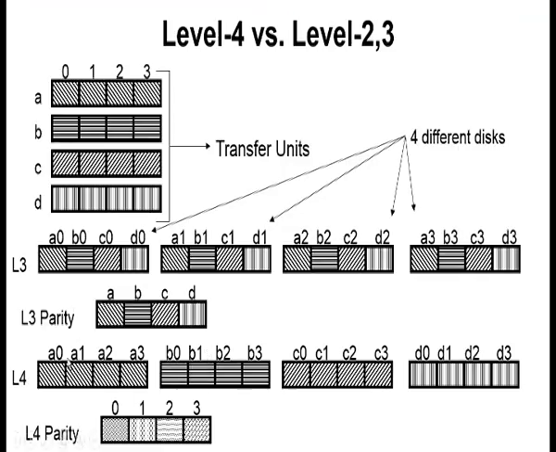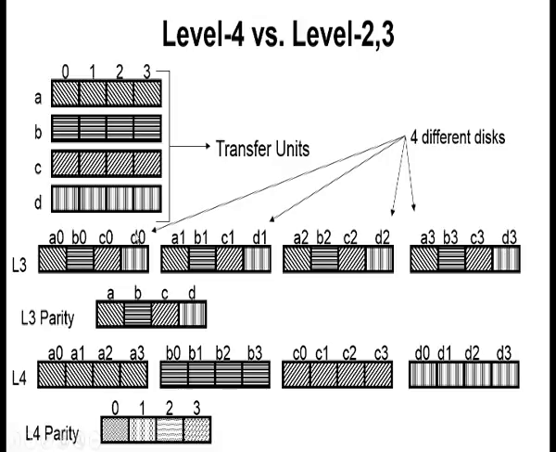So, here we can see the difference of level 4 compared to level 2 and level 3. In level 3, we see that A, B, C, D, A naught, B naught, C naught, D naught are kept in the same disk. Say for example, you have A1, A2, A3 and A4, or different bits of a block are kept in different disks.